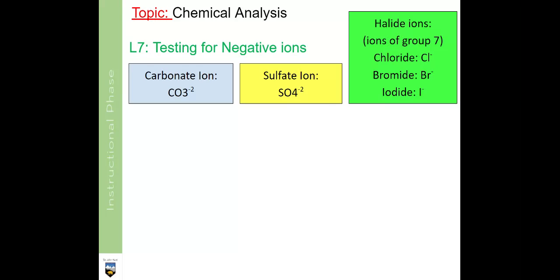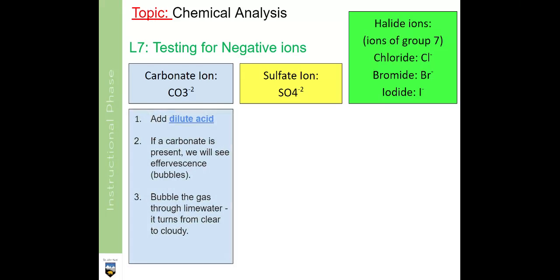So a carbonate will always release carbon dioxide gas when acid is added. So carbonate ion, you add acid, you should see bubbling. You should bubble that gas through lime water, and if it's a carbonate ion, the lime water will turn cloudy because of the carbon dioxide gas being released.